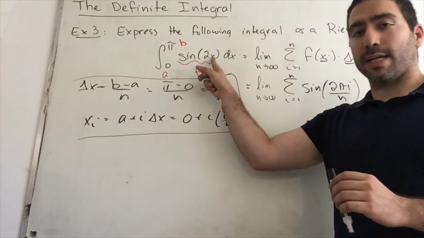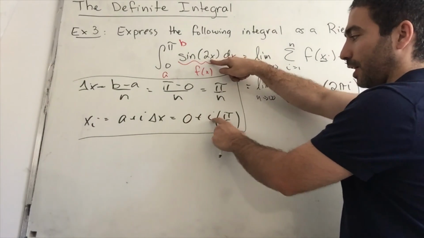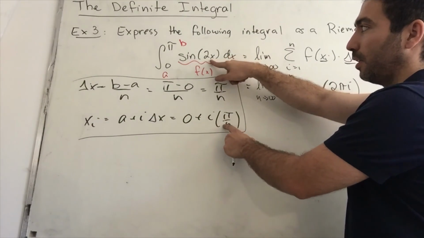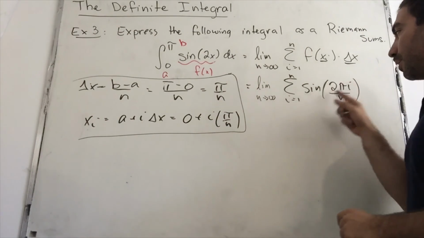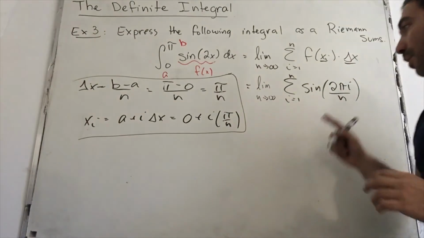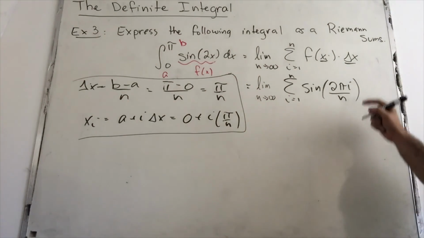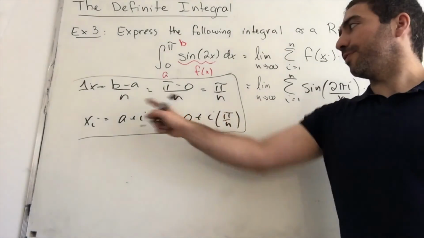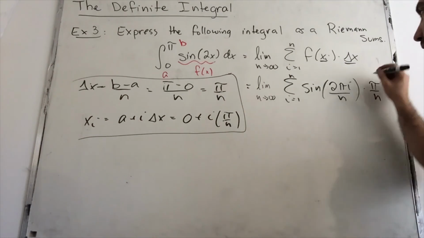X is replaced with xi, and we know xi is, the 0 doesn't matter, it's just i times pi over n. So we have 2 times i times pi divided by n. I put my constants in the front, that's just the notation I use, but we're just substituting this into the x. That's essentially what we're doing. And then we multiply by delta x, which we found was pi over n. Okay, and this is the answer.